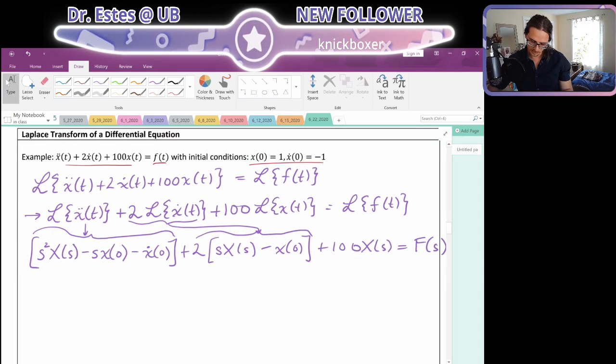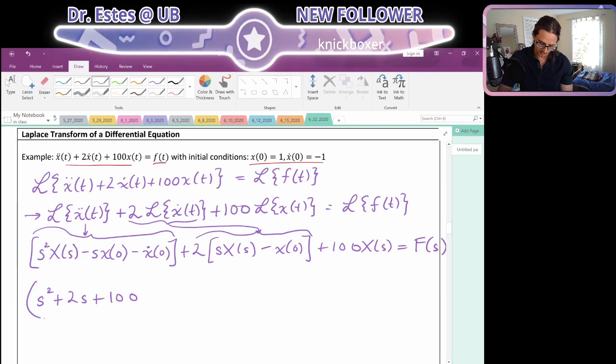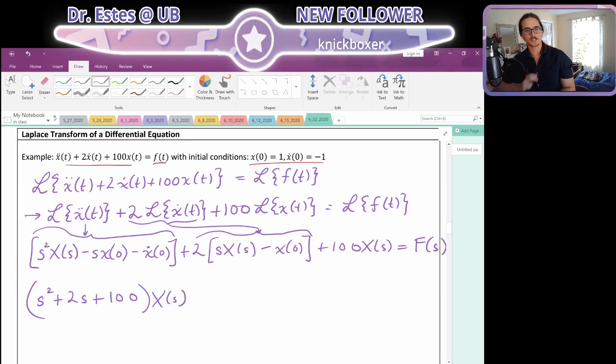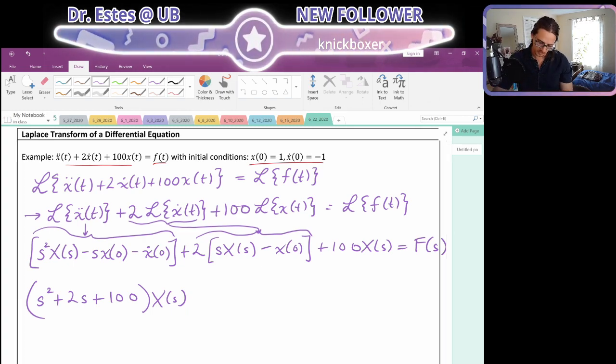All right, let's gather up any similar terms. So I'm going to gather terms that multiply with x of s: s squared plus 2s plus 100. So I gathered all the x of s terms together. Let's see.